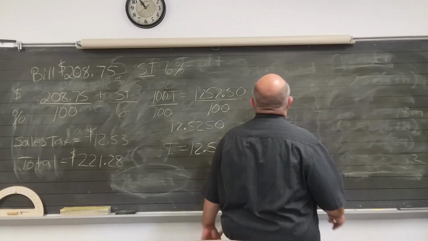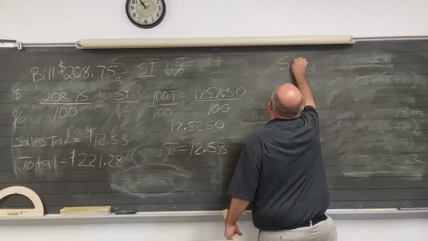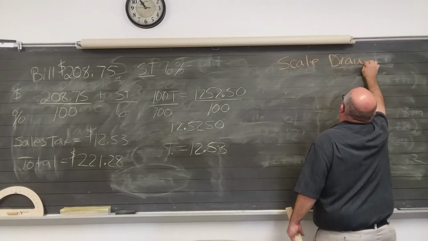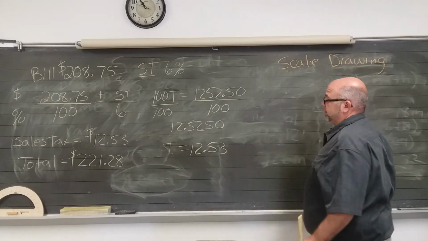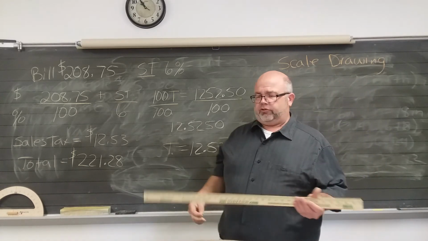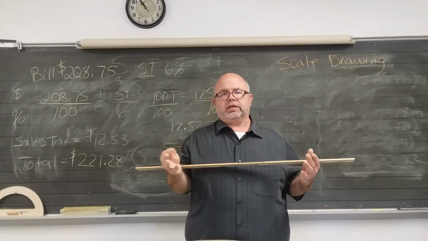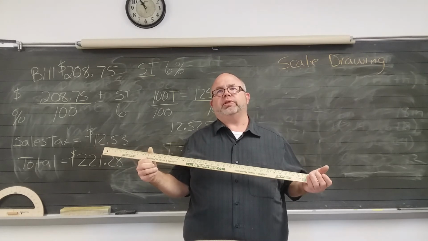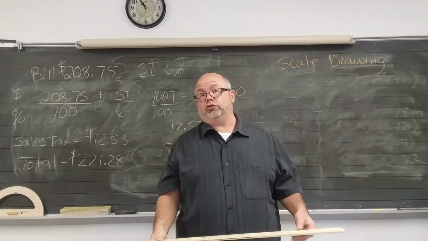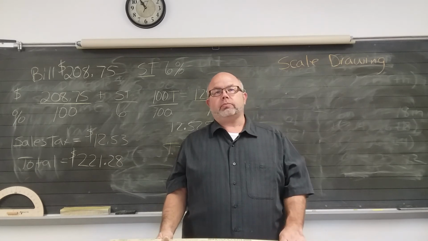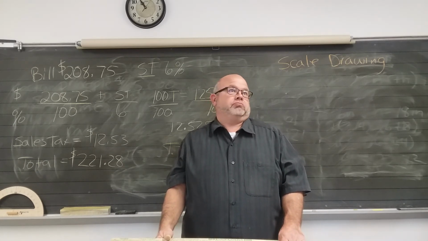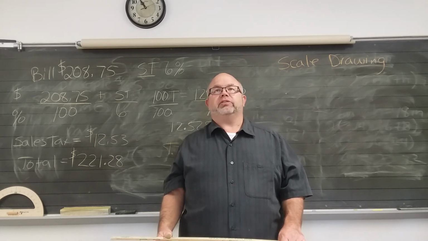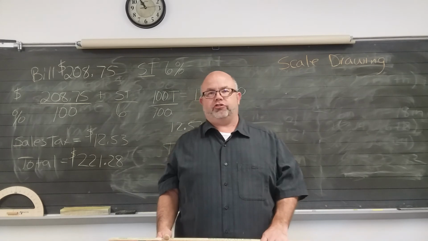A scale drawing is a drawing that is cut down in size, okay? So, for example, if you're doing a statue of a man who is 6 foot tall, you're just doing a small version of the statue.